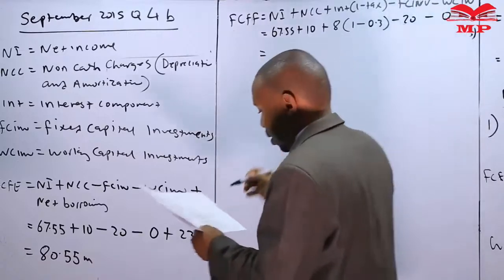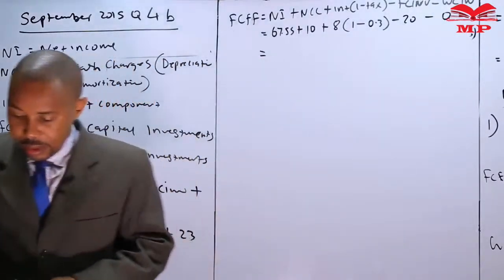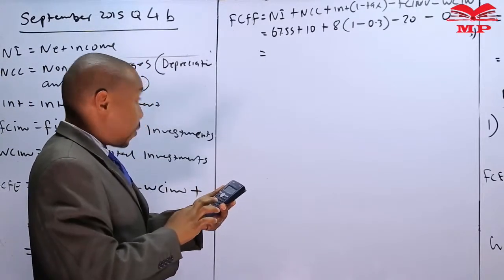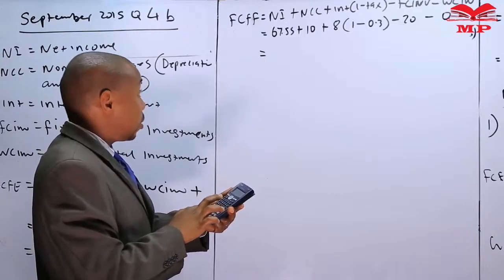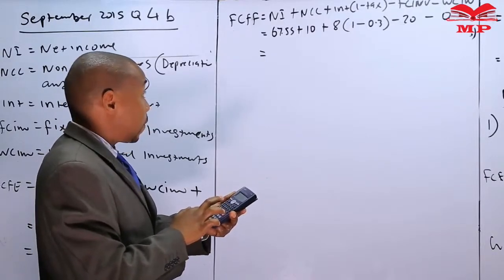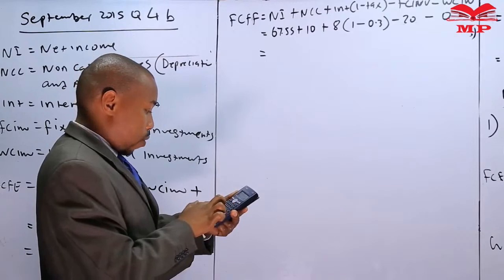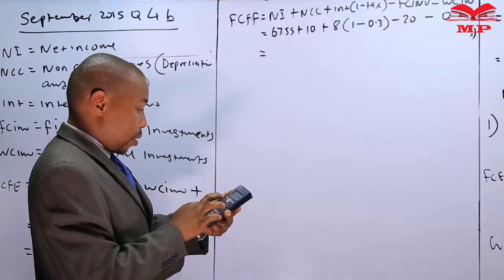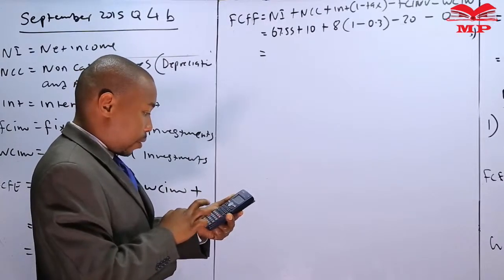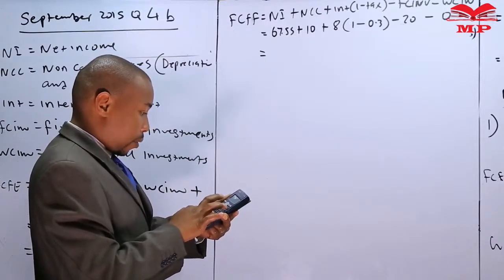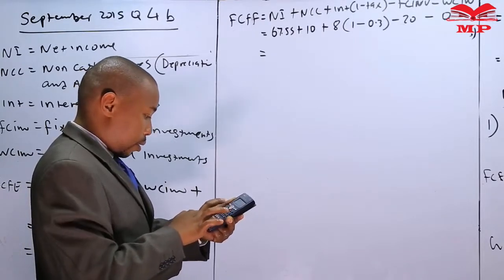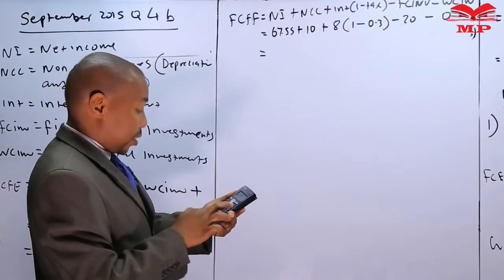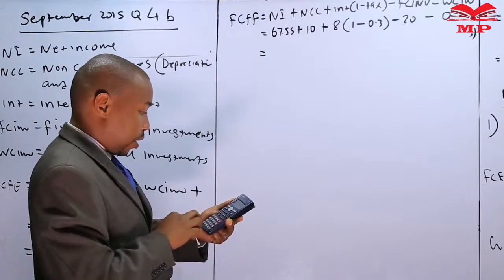So how much do we get as FCFF? 67.55. Then you add 10. Then you add 8. Now you multiply that by 0.7. 8 times 0.7. Then we less 20 million. Minus 20 million.